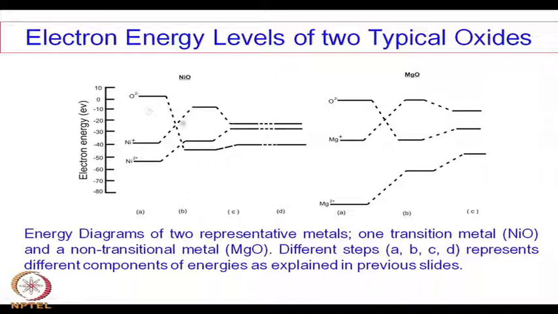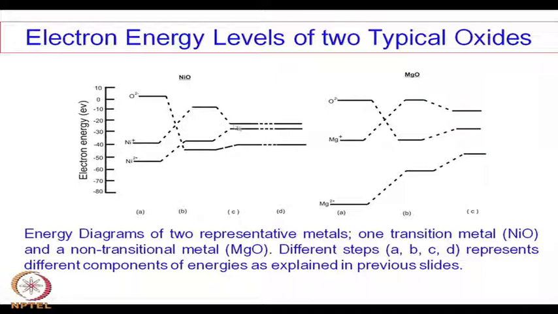In comparison, in a transition metal it is more or less the same, but slightly different. This comes down much below Ni2+. Here in MgO, oxygen does not come below Mg2+, so the oxygen is in between, whereas here oxygen comes much below the two states of the cations, Ni2+ and Ni+.